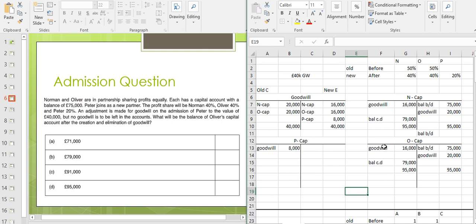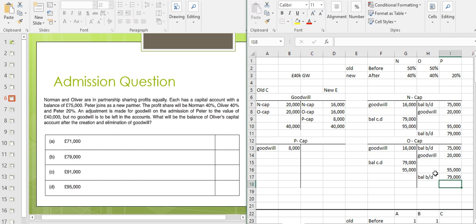So Norman and Oliver, they were there from before. They've taken on this new person here. Okay, look at their capital balance. They started off with 75, and now they've ended up with how much? 79. Okay, so what's happened to their balance? Has it gone up or down?